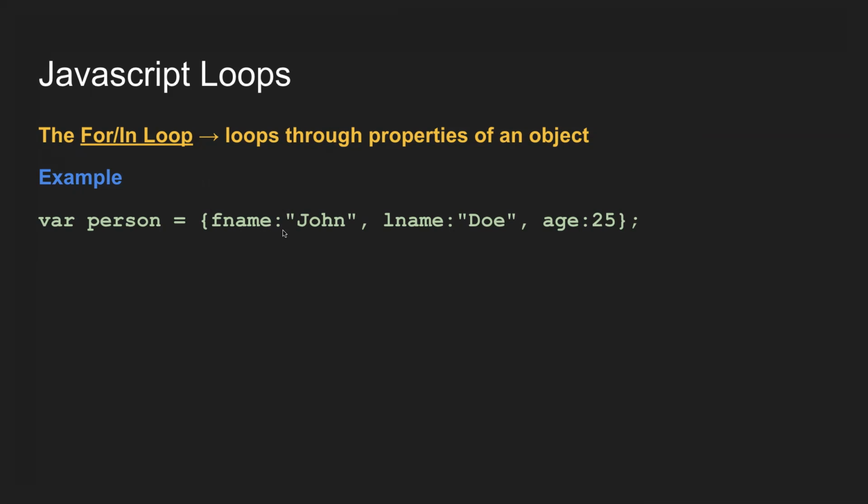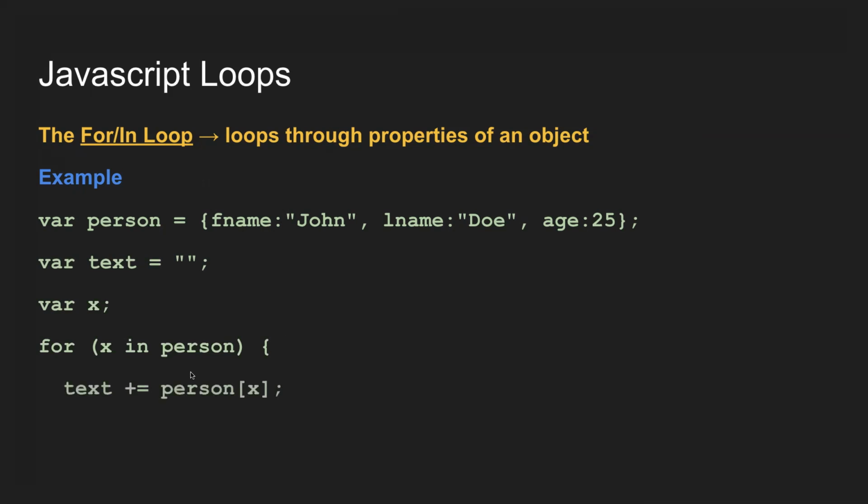And labels are something that we'll be seeing in other places as well that you can use. The way the for in loop works is very easy. It is x in the name of the object, and you basically pass x, and it gives you the value. Very basic use of this for in loop.